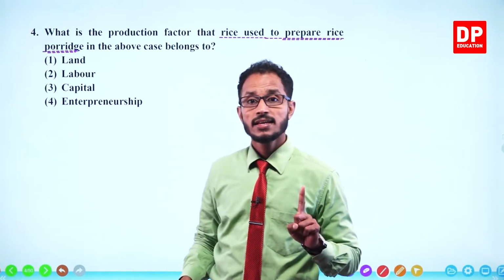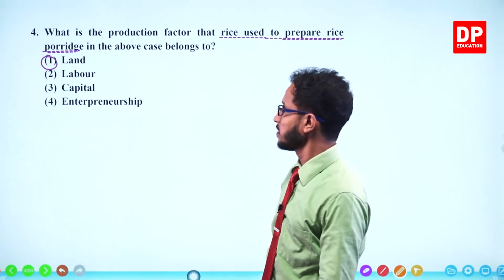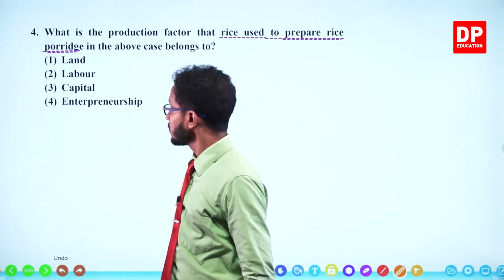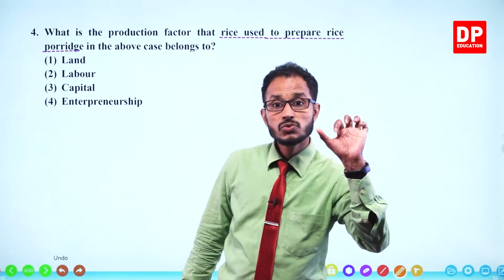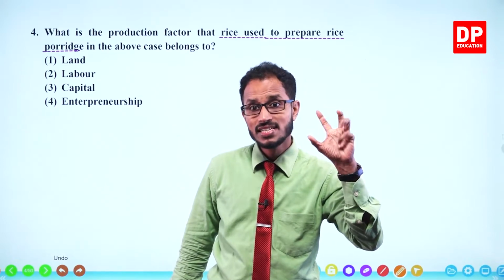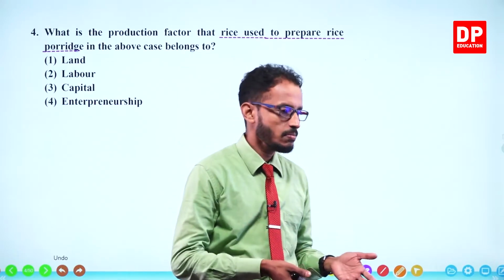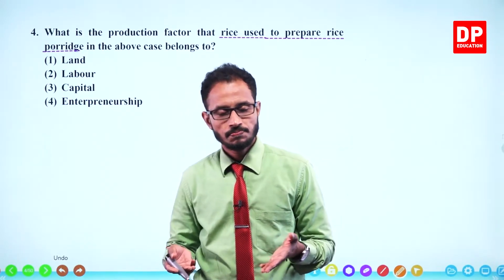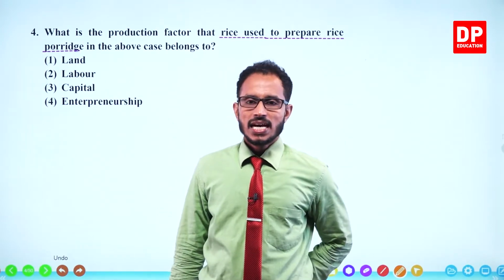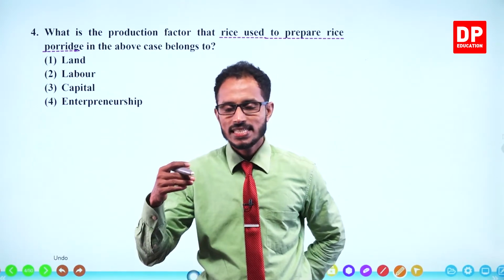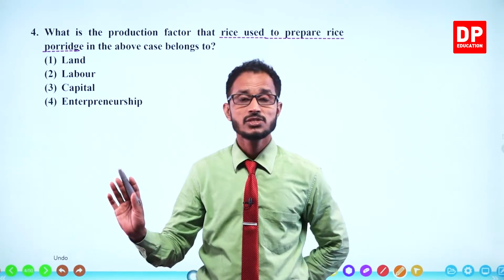Is it land? Some children will mark that. Land means all the natural resources. 100% natural. Like soil, like gems, the water, or the trees, or the leaves and fruits and vegetables taken from trees. 100% natural.